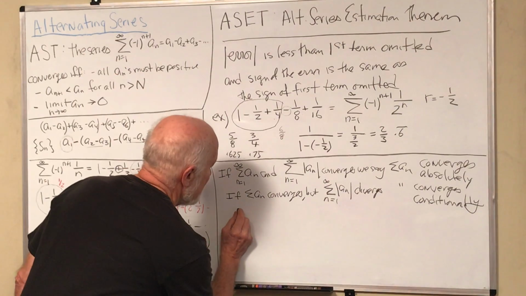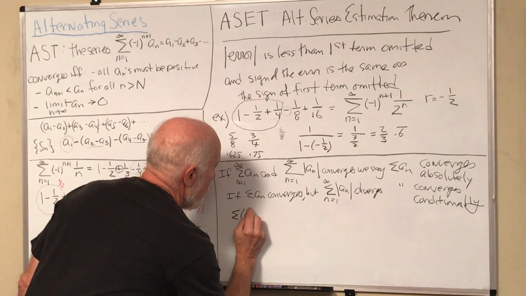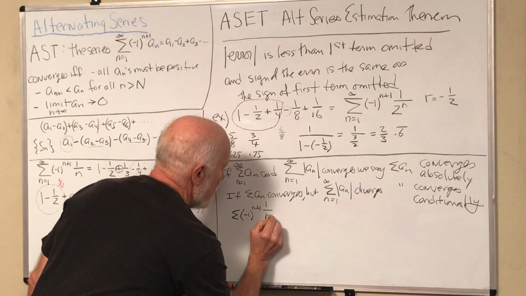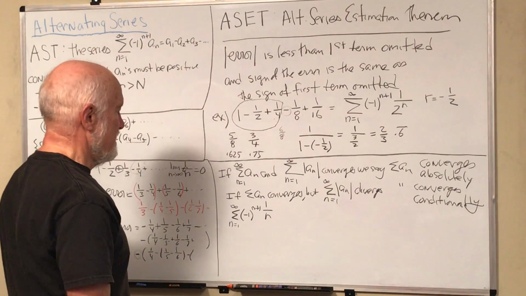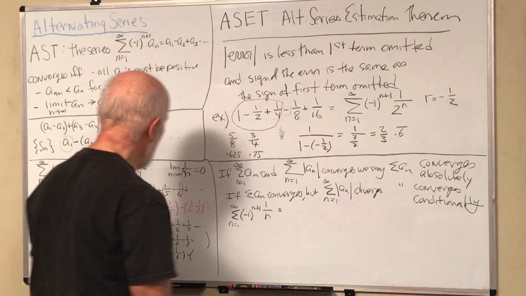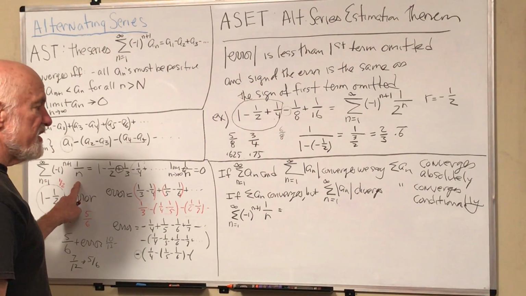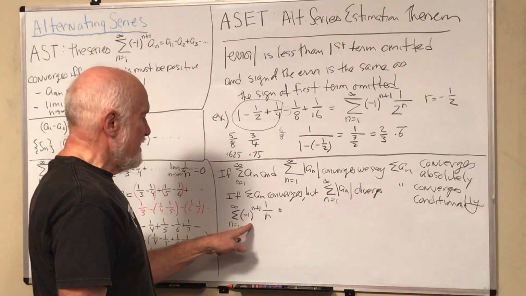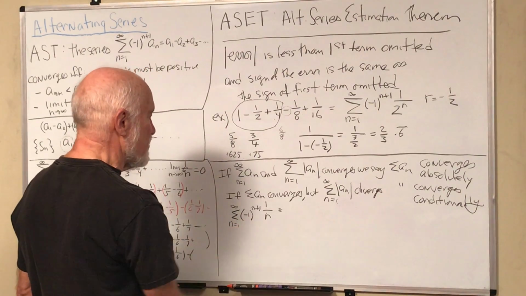For example, say you take negative 1 to the n plus 1 times 1 over n. That was the series that we did over here. And we found out that it converges by the alternating series test. But what would happen if you took away the fact that it's alternating?